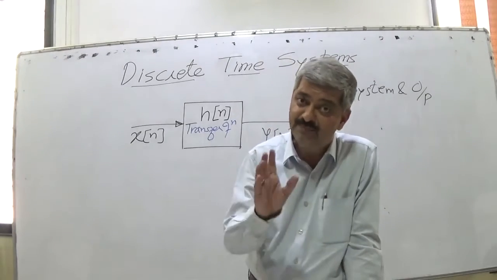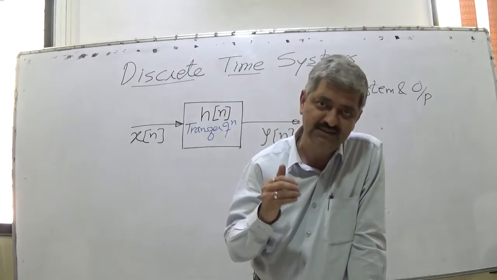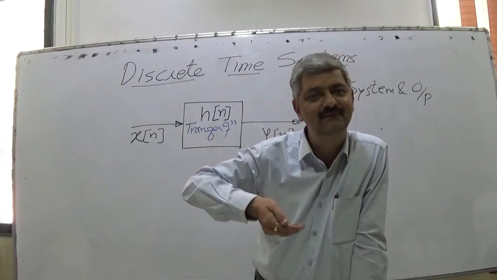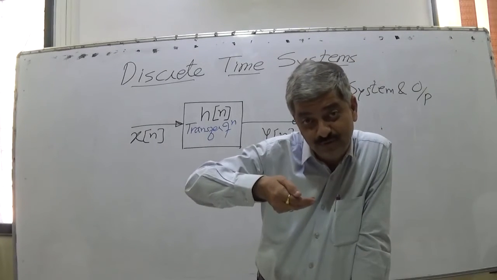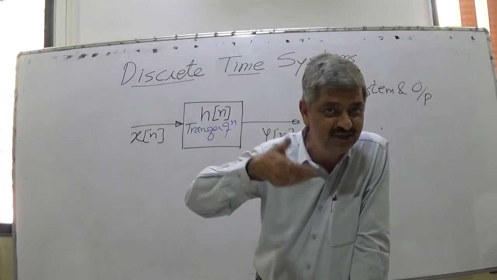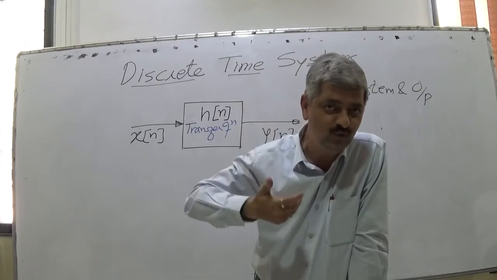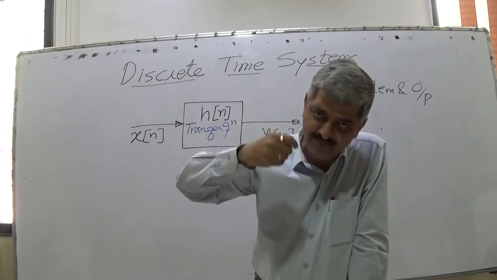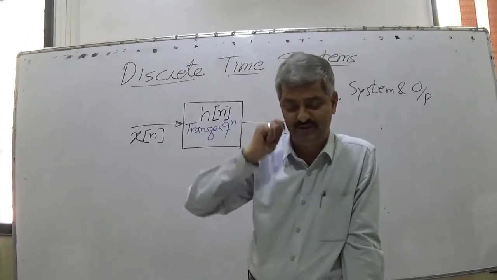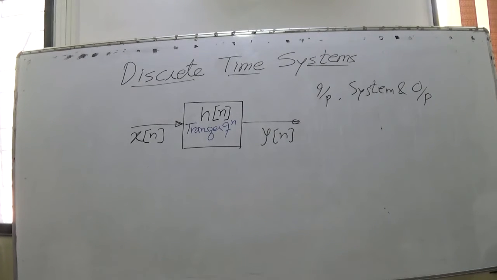But I am trying to expose this subject in front of you in a simple manner where you should feel that you are understanding. You should appreciate each and every point which is being heard by you, and you must be able to find its meaning on your own. That is important.